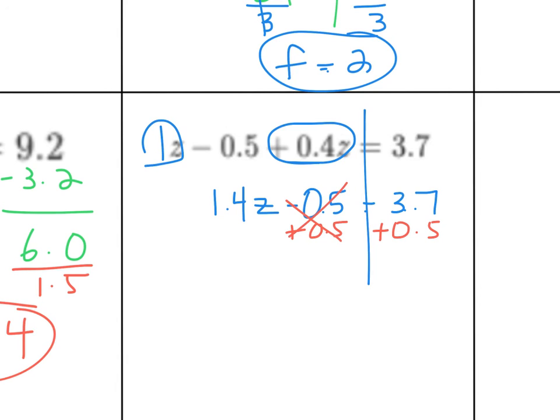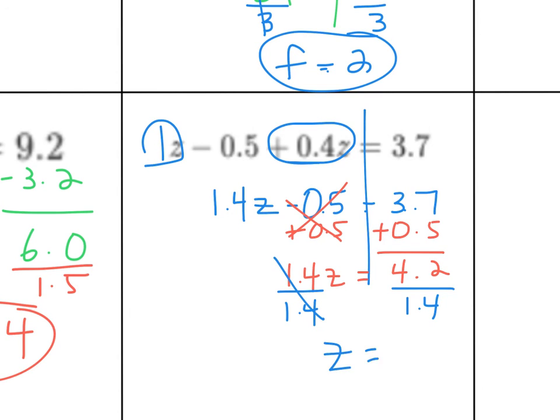Addition, subtraction first. Add this together. 4.2. 1.4z. This right here is multiplication. The opposite of multiplication is division. So divide by 1.4, divide by 1.4. Cancels out. Z equals, yes, I'm using my calculator, 3.